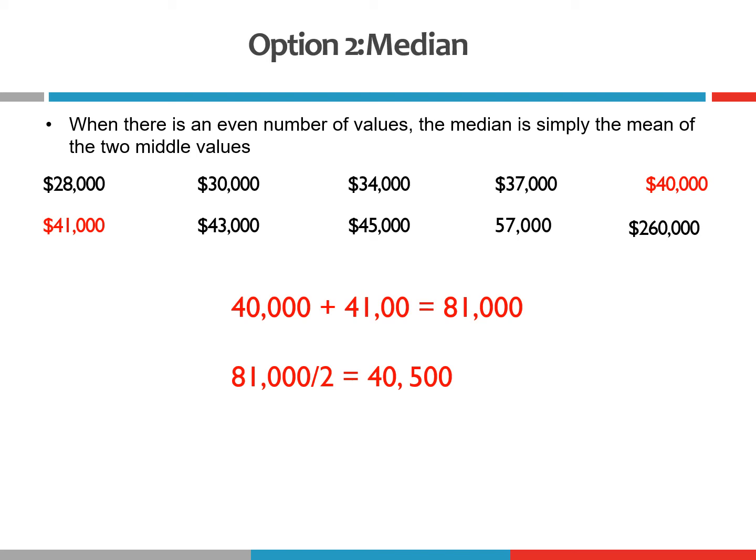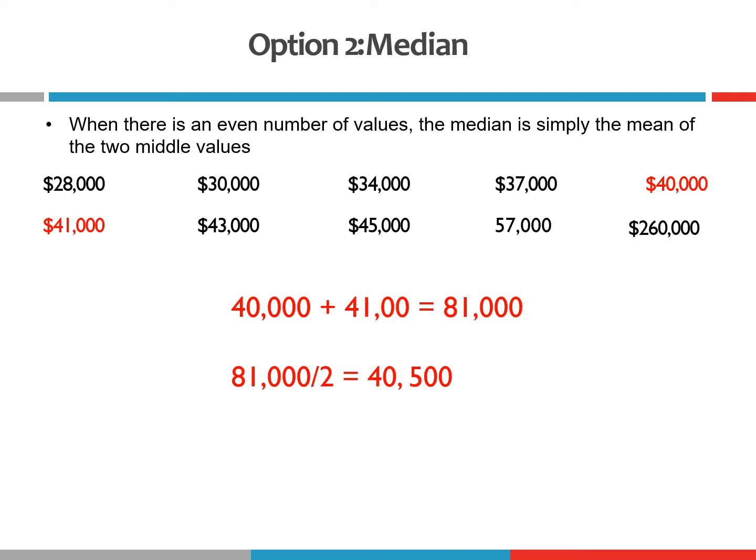Okay, so how do you find the median? You take all of the values in your data set and arrange them from the lowest possible value to the highest value. And then, provided you have an odd number of scores, you choose the value at which there are the same number of scores below it as there are above it.